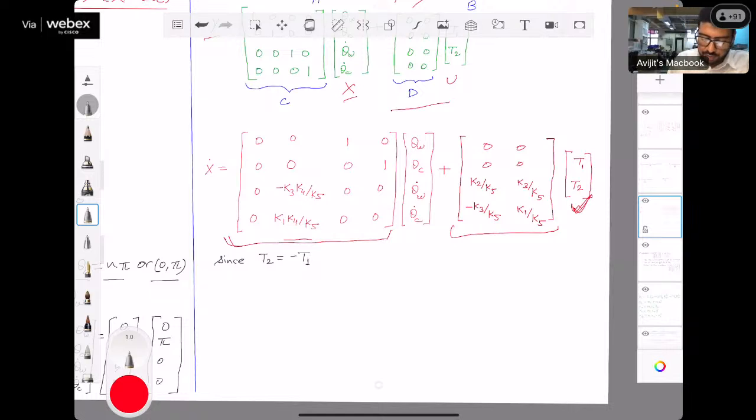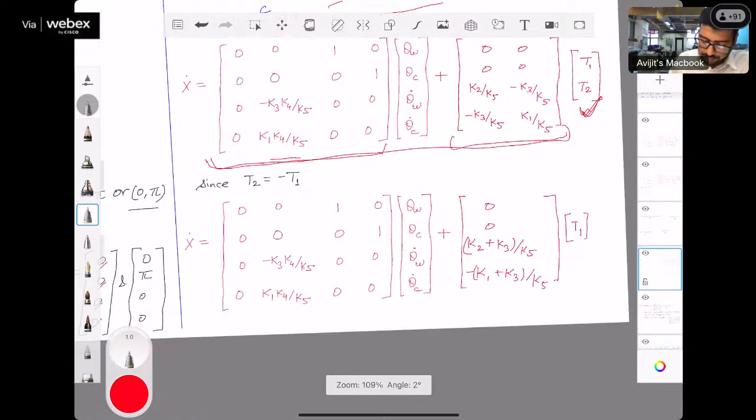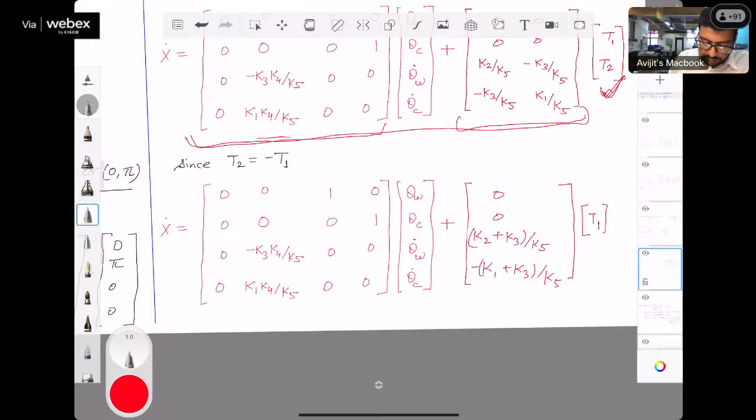So this same equation can be further simplified like this. And this will be our final A-B matrix representing x dot equal to Ax plus Bu. So now what do we have here? We have a linear state space representation of our non-linear system.